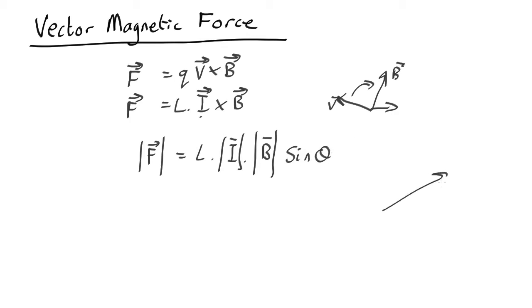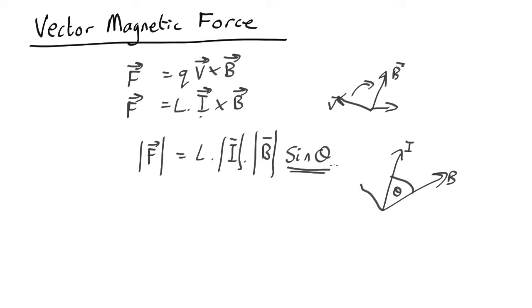So if you've got a magnetic field like this and a current like that, this angle here is theta. So you can see that when they're at right angles, you get full strength, as you've seen before. As the angle between them gets smaller and smaller, sine theta gets smaller and smaller, and when they're pointing in the same direction, that goes to 0.